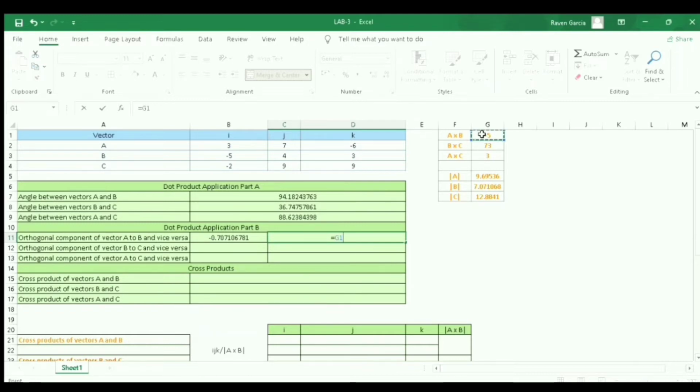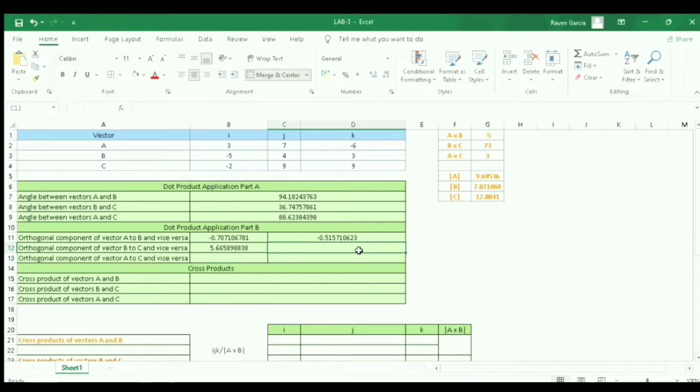In the next column, input the formula equals G1 over G5. The answer is negative 0.5157100623.